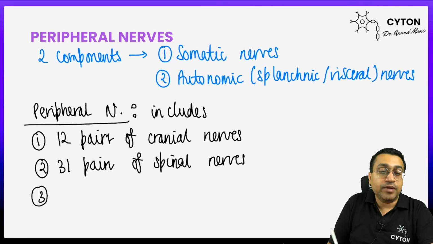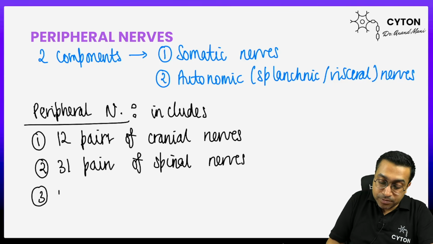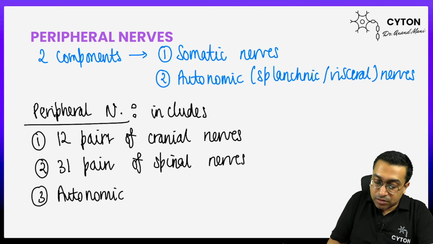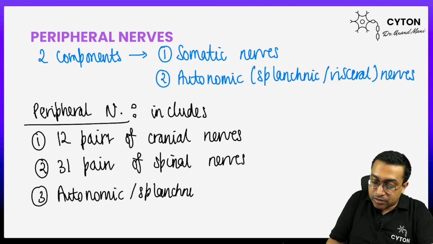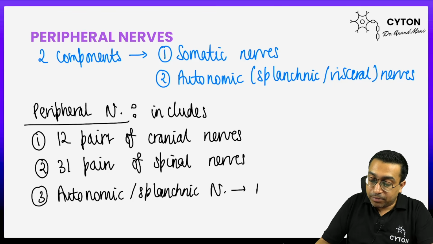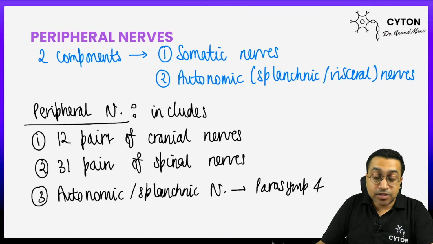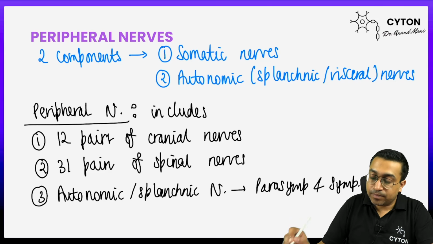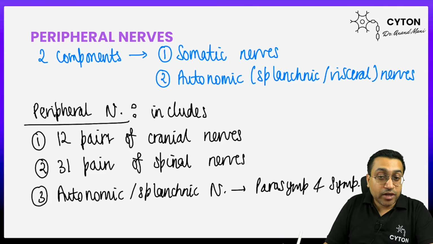And number 3, we have autonomic or splanchnic nerves. Okay. These are the parasympathetic and sympathetic nerves.